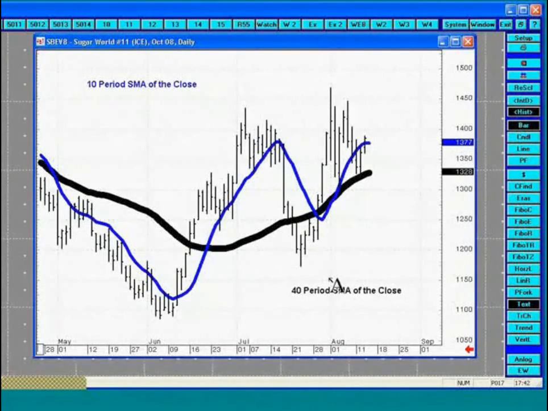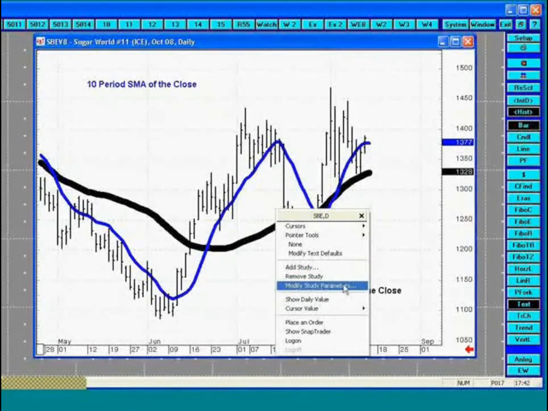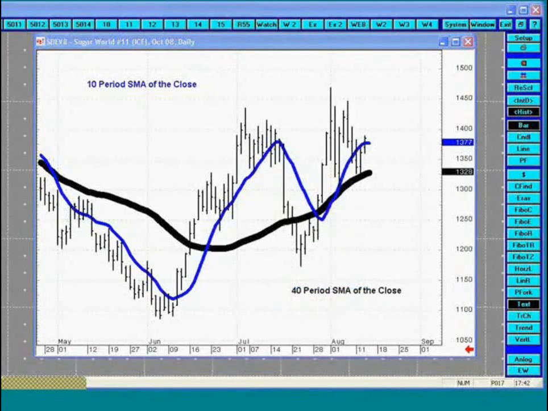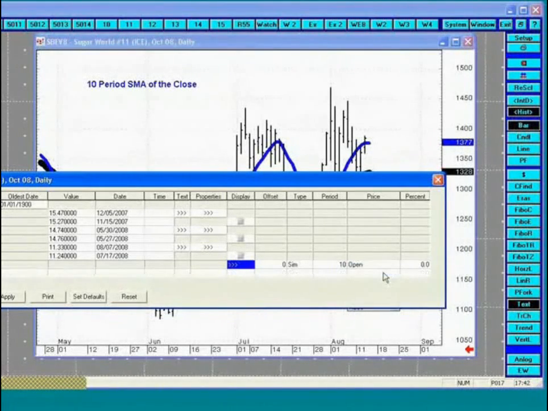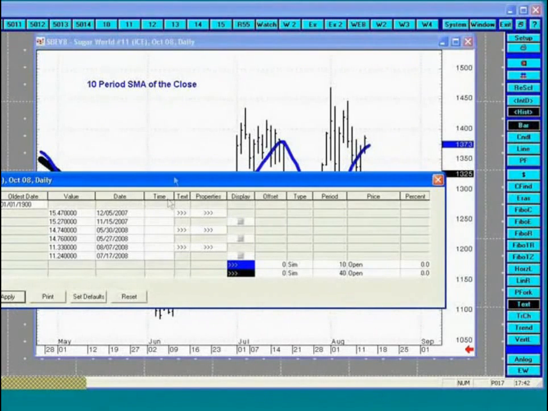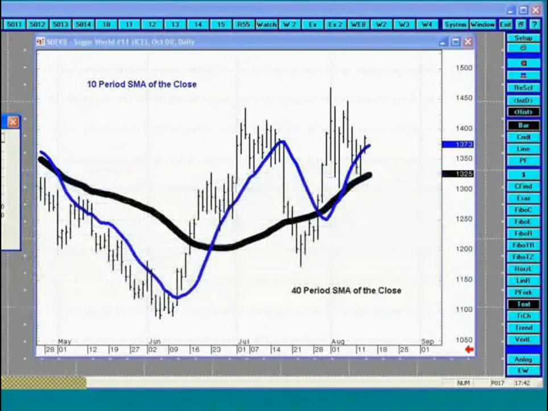Okay. Now what's exciting is that with just a few mouse clicks, depending on the charting software you utilize, you can use the open, and let's see what they look like with the open. These settings right here illustrate the 10/40 utilizing the open, not the close.